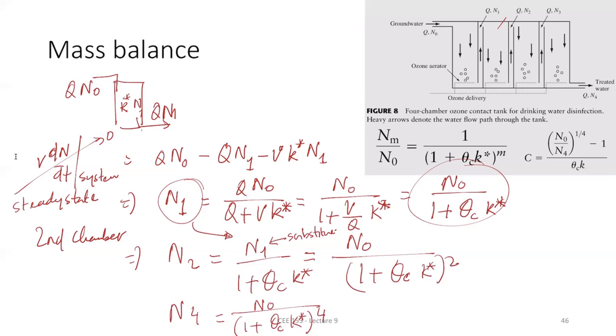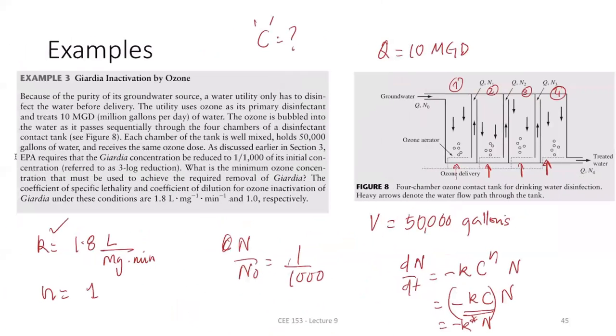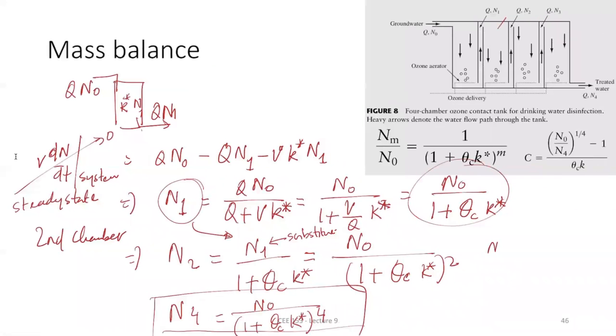That means you can now calculate the value based on this. And as you see, the final removal, N4 divided by N0, is 1 over 1000. This is given. This is the standard that you have to maintain. So all you have to do is solve for K star.